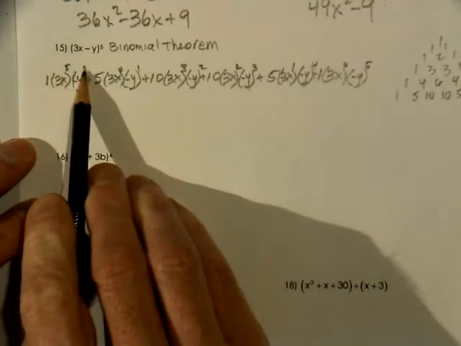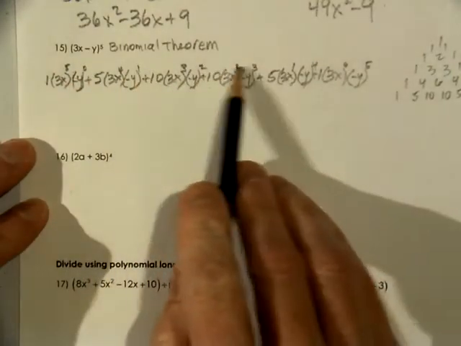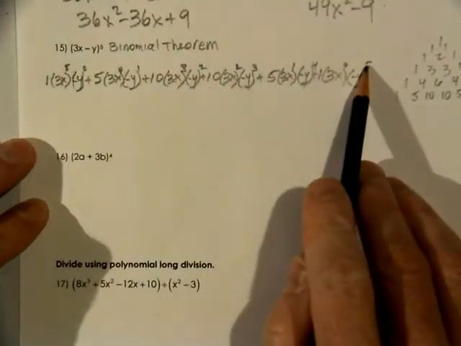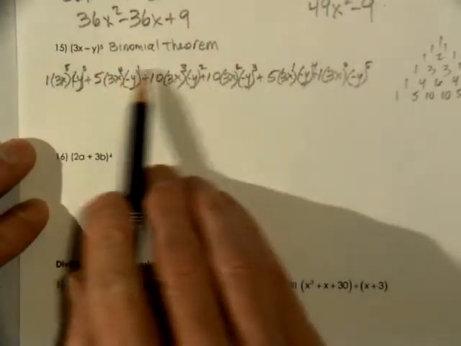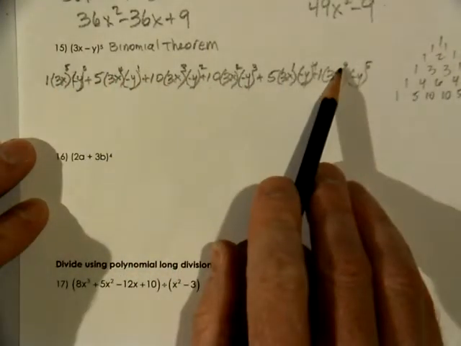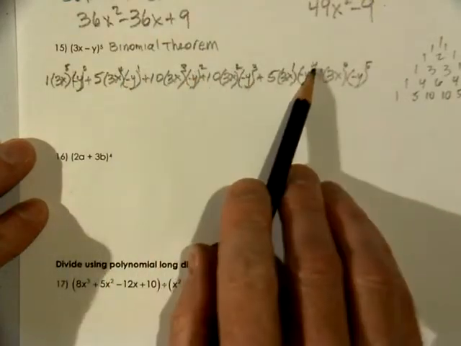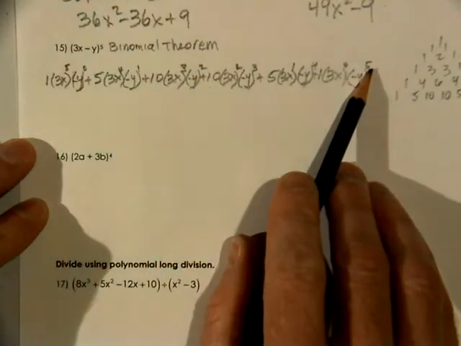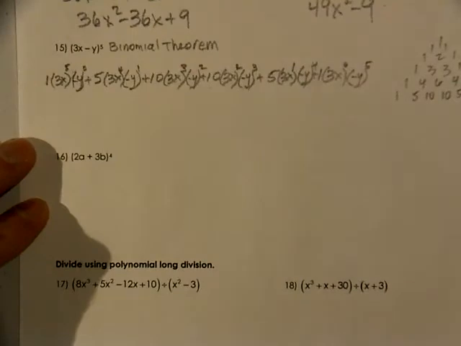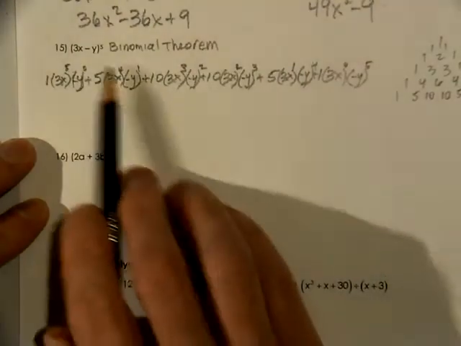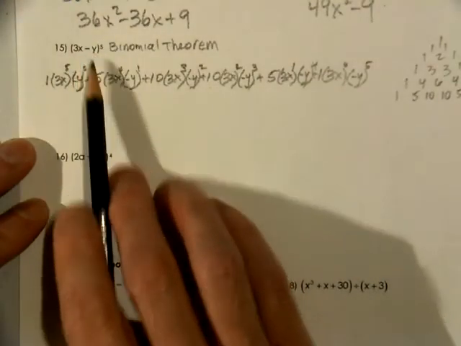Look at the pair of exponents. They always add up to 5. The A term, 5, 4, 3, 2, 1, 0. The B term, 0, 1, 2, 3, 4, 5. Okay, that's the binomial theorem. That's the pattern that's made up when you do craziness like this.